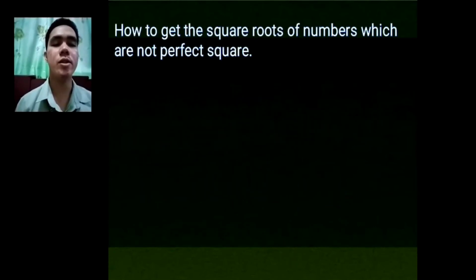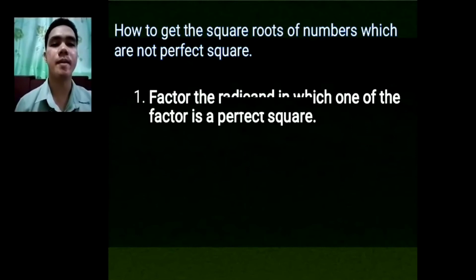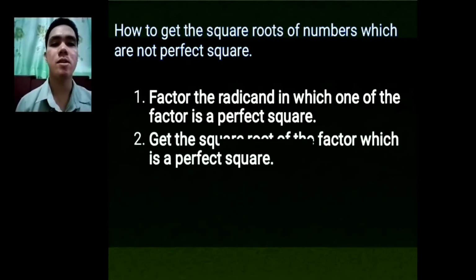So how do we get the square roots of numbers which are not perfect squares? First, you have to factor the radicand in which one of the factors is a perfect square.